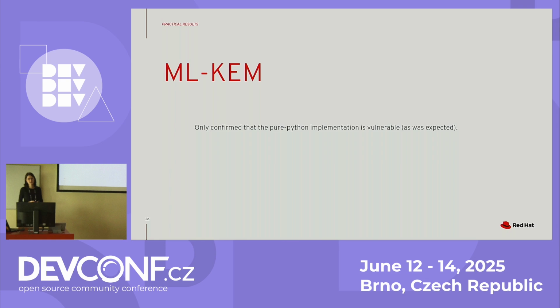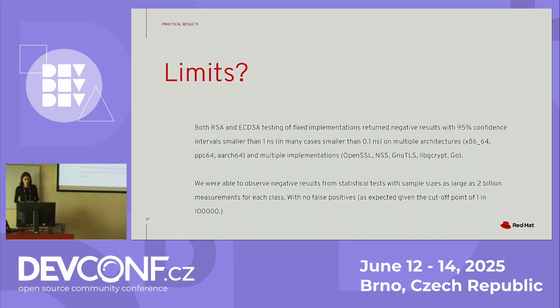Now, limits. The problem is that to get that negative result with a 95% confidence interval smaller than 1 nanosecond on multiple, yes, we were able to verify both RSA and ECDSA against different architectures, different implementations.